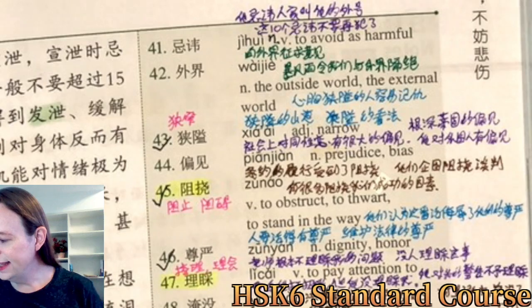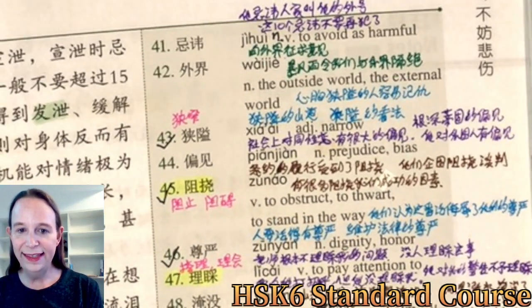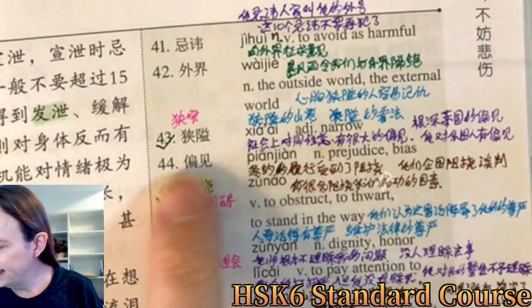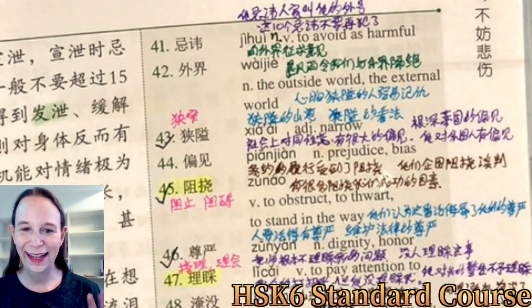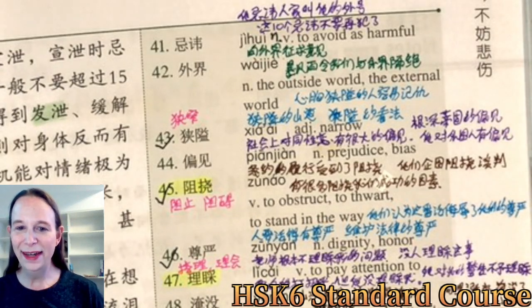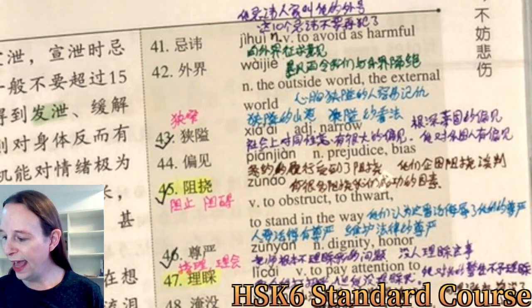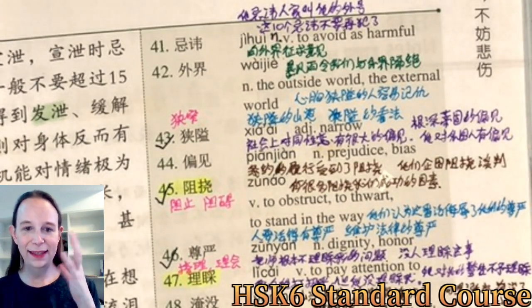Okay, next is 狭隘. This is 狭隘, not E, by the way. It kind of looks like E. So people will often pronounce it wrong, but it's 狭隘. So 狭隘 means narrow.